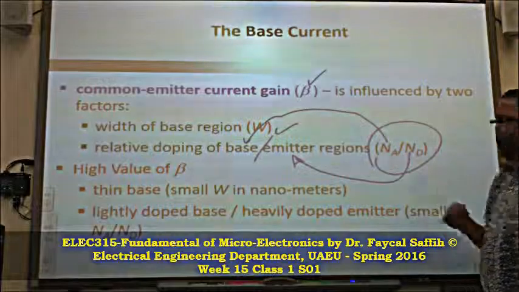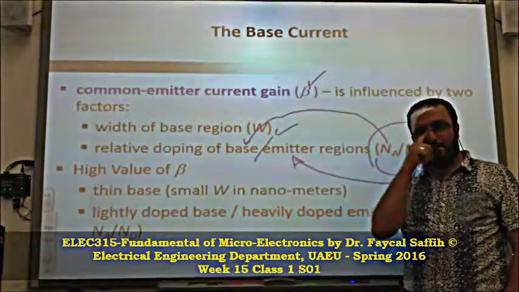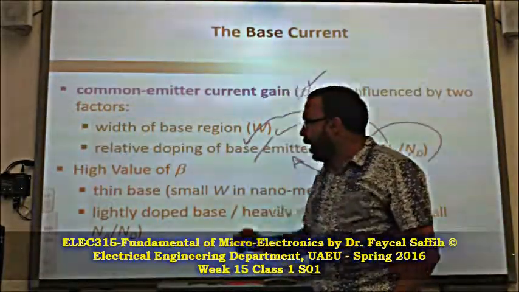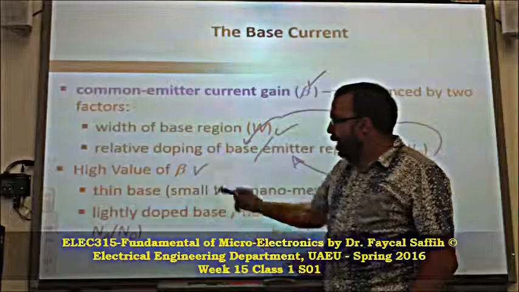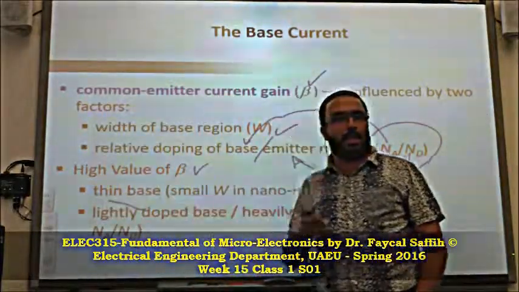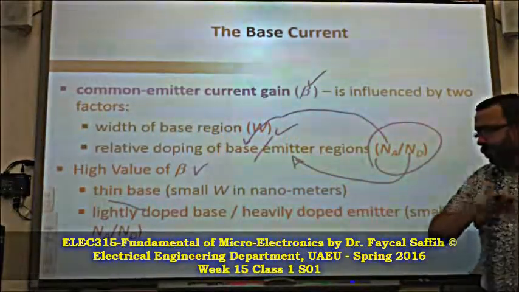So the ratio between the two also influences beta. You understand? The ratio between the two. Excellent. So this is a thing. We get a high value of beta if we make the base as thin as possible, in the nanometer range, as I've told you.